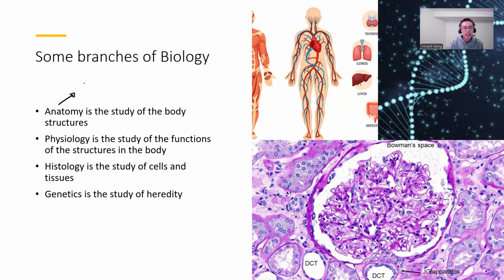You can think of anatomy as basically: what is it called? What is the name of this thing? This is the heart. This is the valve within the heart. This is the kidney. The names of different things in the body, that's called anatomy.